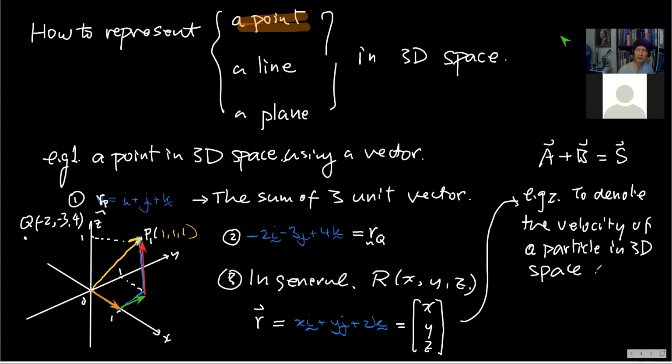Wouldn't it be the sum of the vectors? No, I think we discussed this last week, right? Do you remember? We're talking about application of vector. So this is a little bit of extension.